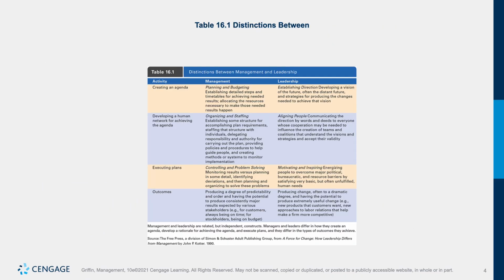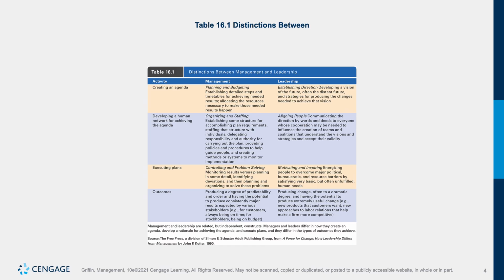The table on this slide relays the distinctions between management and leadership. Leadership and management are related in many ways, but they are different. For example, the management side of executing plans within organizations focuses on monitoring results, comparing those results with the goals that have been set, and correcting deviations, taking corrective actions.